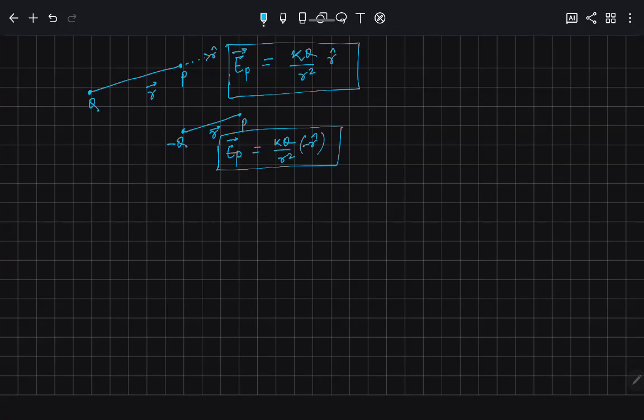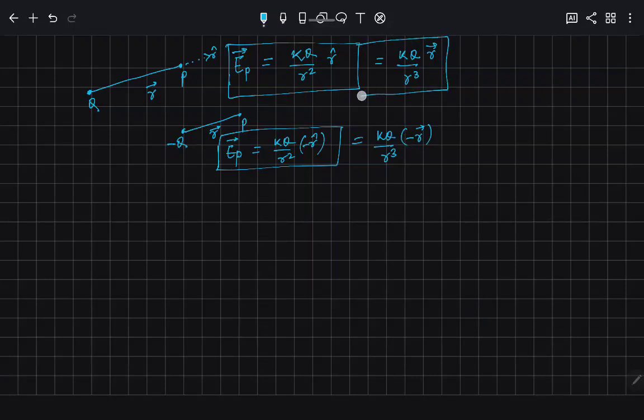And R is the distance between the charge Q and the point P. If you want to write in vector form, you can write this as KQ R vector divided by R cube. This is basically the distance, and this also you can write as KQ by R cube times minus R vector.